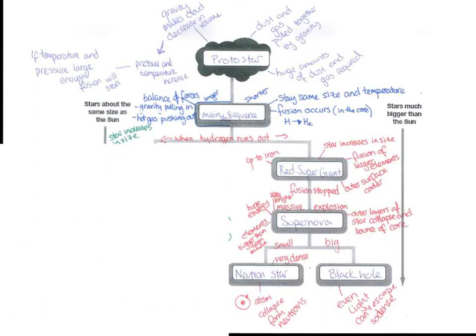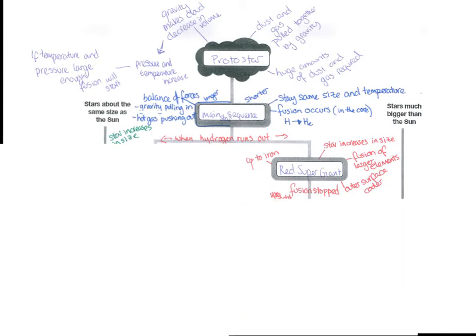Now let's talk about what happens if the star is much bigger than our Sun. So it was a main sequence star where it was fusing hydrogen into helium, and when the hydrogen runs out it also changes, but this time it's going to change into a red supergiant. As the name suggests, this is even bigger than a red giant, but it's changed for the same reasons.